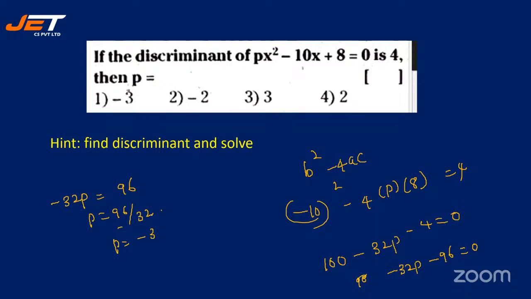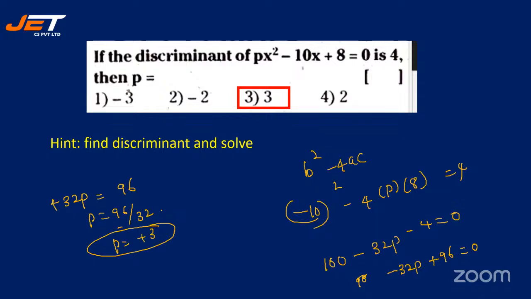Isn't it? 3 2s are 6, 3 3s are 9. So the value of your p must be minus 3. Let's check the answer. 100 minus 4 is plus 96. So when this goes there, it becomes minus 96. So it is plus p.